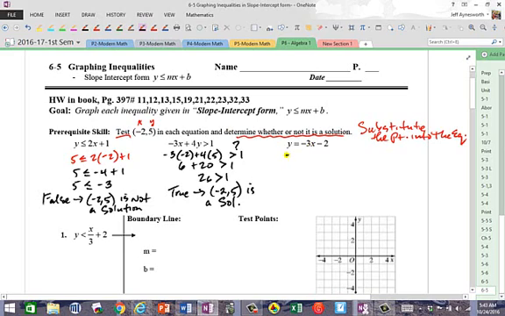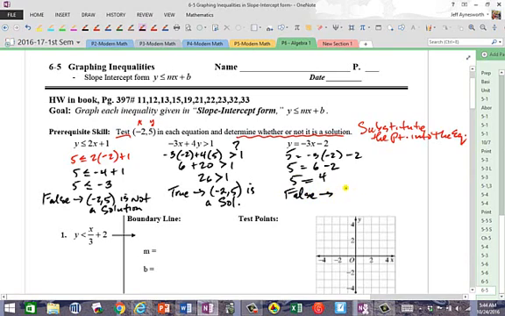How about this one? Y is 5. So the question is, is 5 equal to negative 3 times negative 2 minus 2? We have to simplify a little bit. A negative times a negative is positive. Negative 3 times negative 2 is 6. 6 minus 2 is 4. 5 is not equal to 4, so this is false.